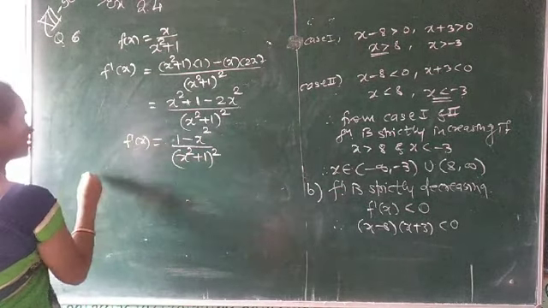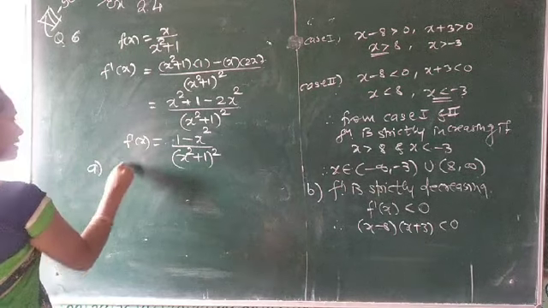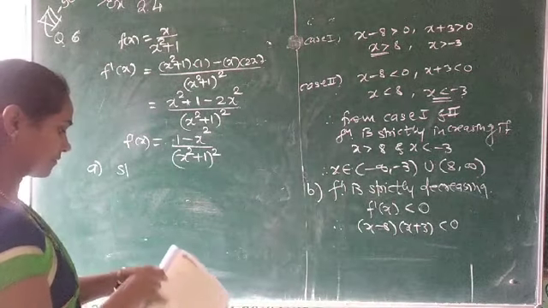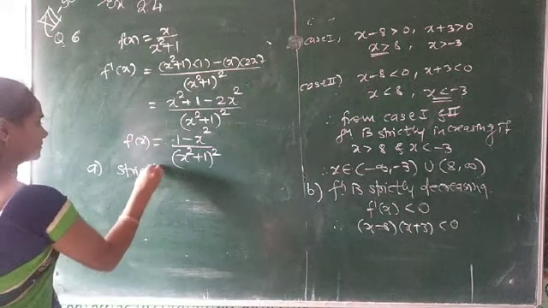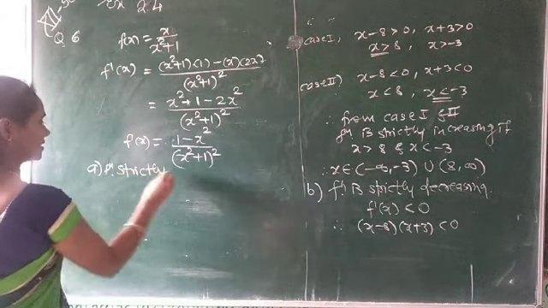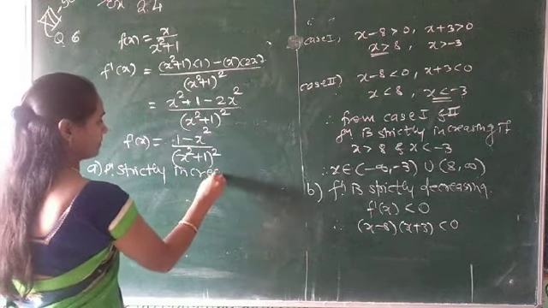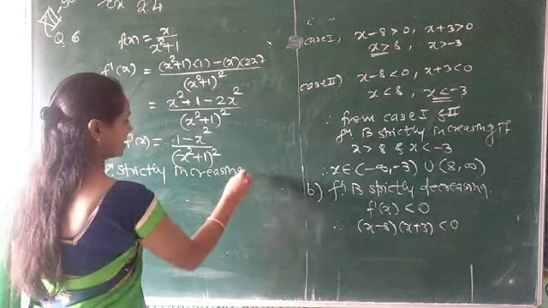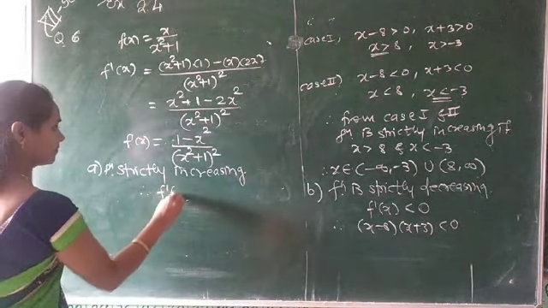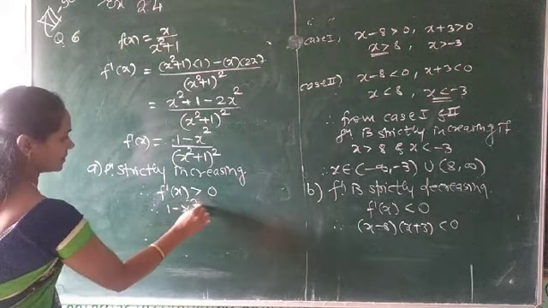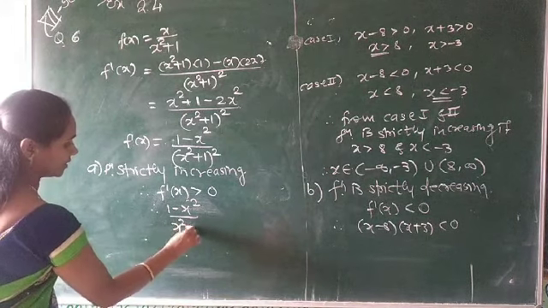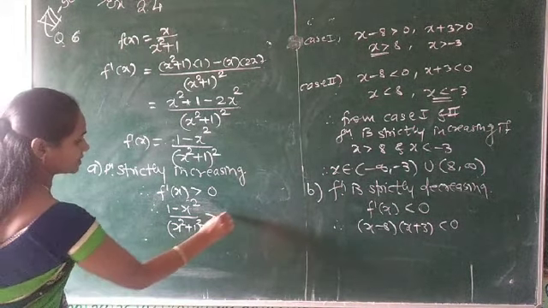What is case first? Strictly increasing. The function is strictly increasing, hence the derivative is greater than 0. f dash of x greater than 0. Therefore, 1 minus x square upon x square plus 1 square is greater than 0.